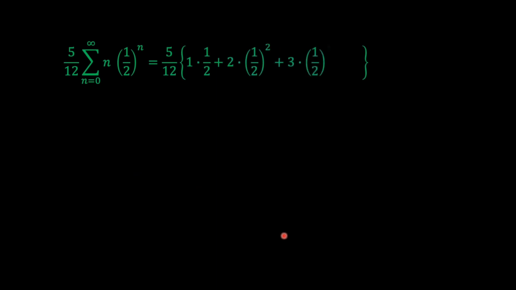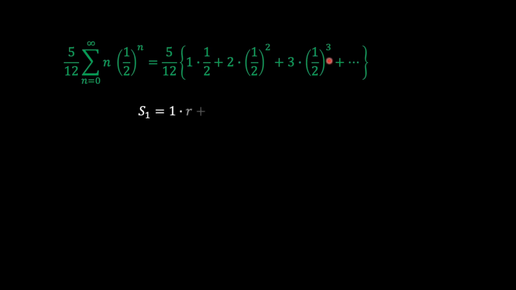Then the summation indicated by green, which is 5 over 12 times the summation of n times half to the power n from n equals 0 to infinity, is 5 over 12 times, in brackets, 1 times half plus 2 times half to the power 2 plus 3 times half to the power 3, and so on.